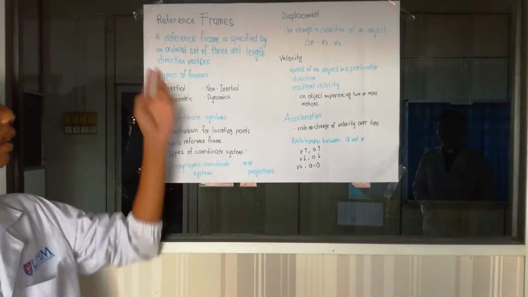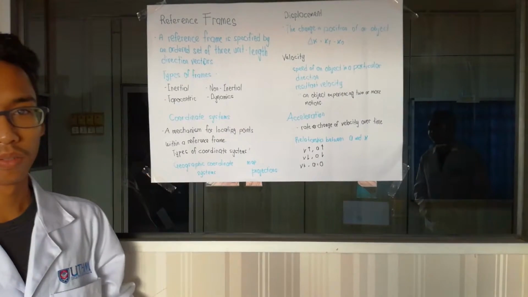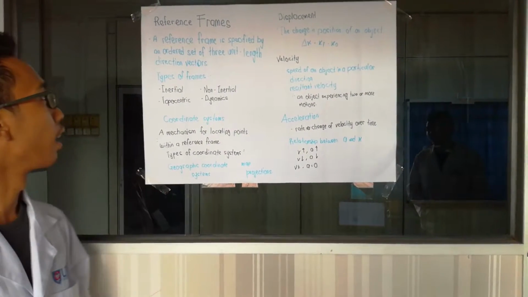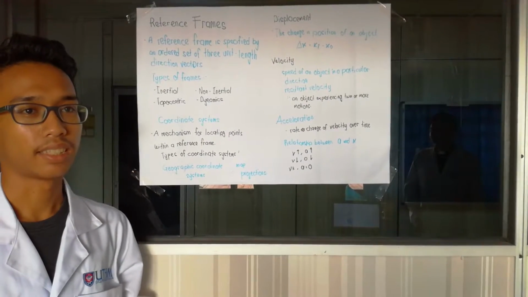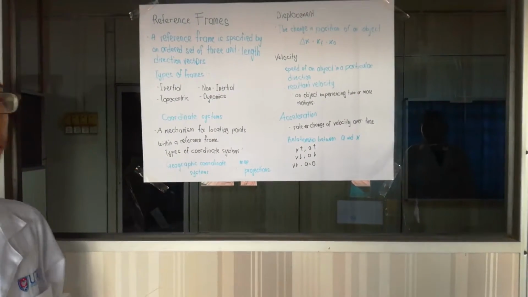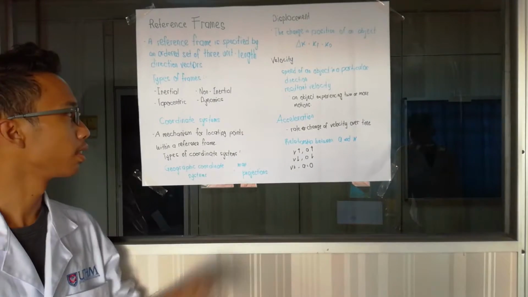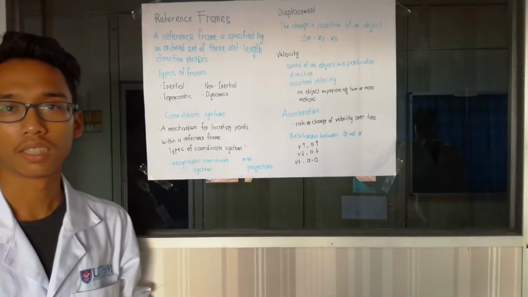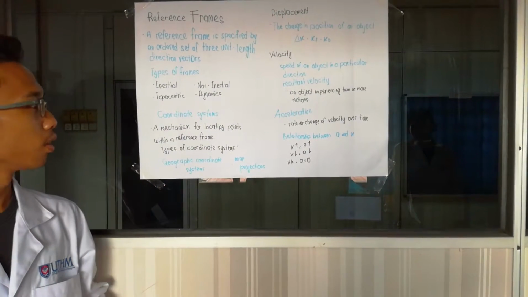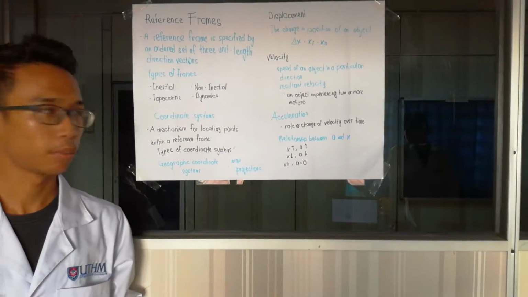A frame is specified by an ordered set of 3 unit length direction vectors, which is x, y, and z. There are many types of frame. The most commonly used types of frame are inertial, non-inertial, topocentric, and dynamics frame.